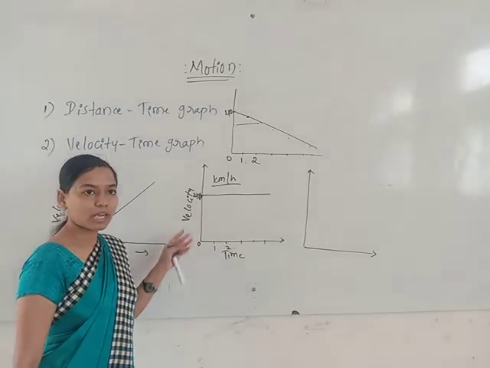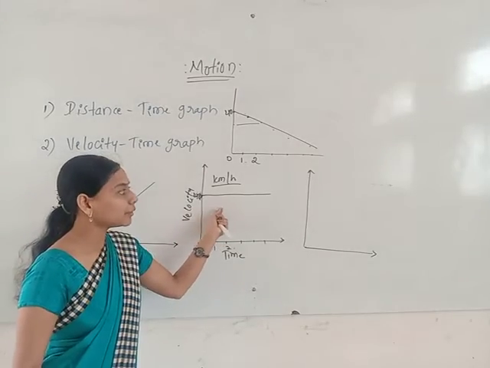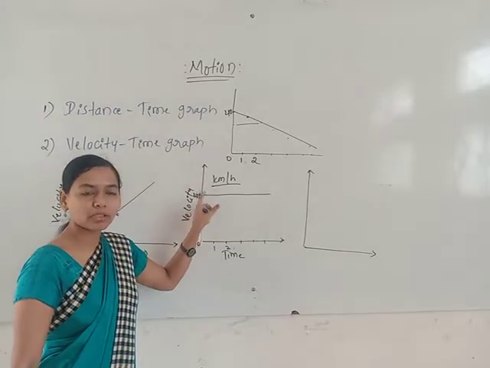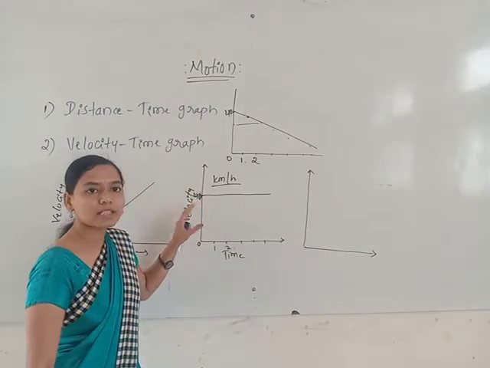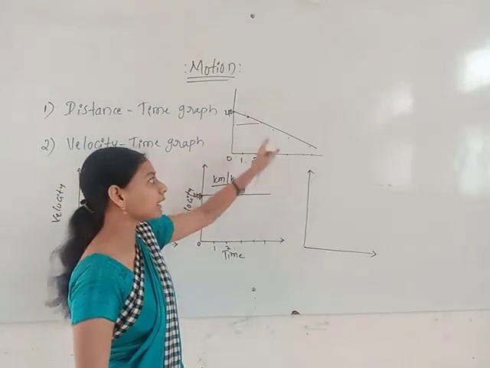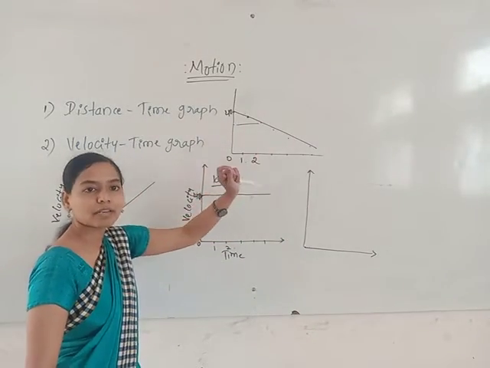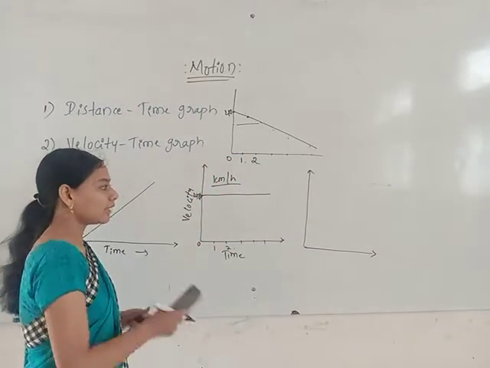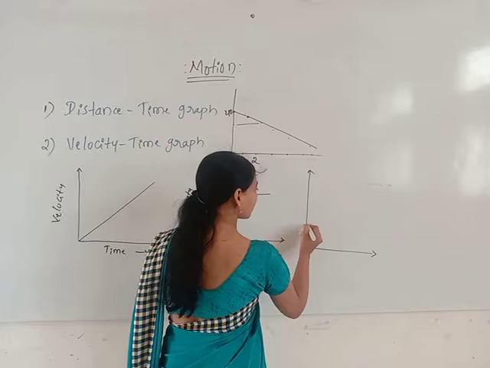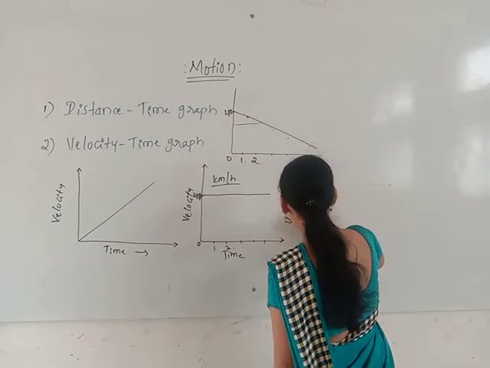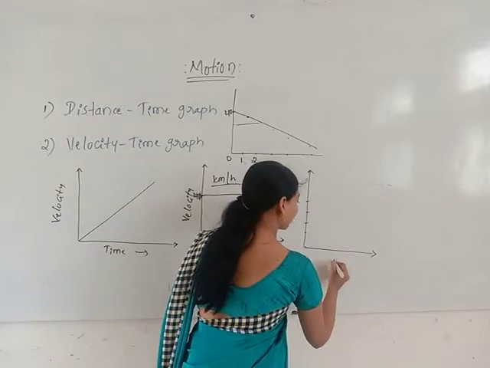The car or object is going uniformly, but at the starting position it is at 40 km, or it has already covered some distance, and at some time it goes on decreasing, that is negative acceleration or retardation. So the last one is non-uniform acceleration. If it is non-uniform acceleration, here velocity and here time.